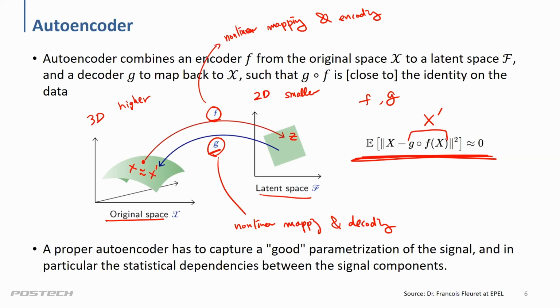We start from x, get encodings, then from the latent space we do decodings and see if these two are close enough, trying to pick the right f and g in autoencoders.